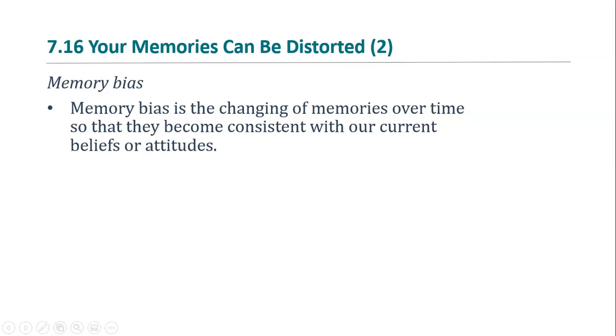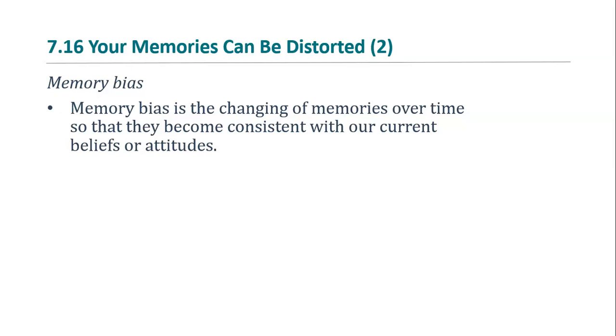Memory bias is the tendency that we have to have our memories for events change over time to fit our current beliefs or attitudes or the way we see the world.